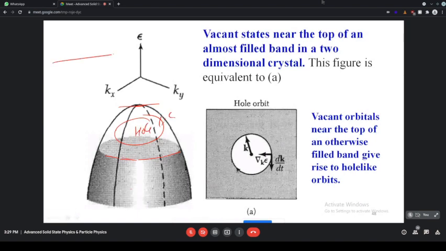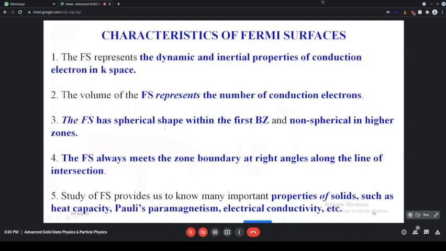If you consider like this, suppose this is the valence band and this is the conduction band, and if up to this is empty, it means this is hole-like behavior. It means there are empty states near the top of the valence band. That represents hole-like behavior if some empty energy levels are available in the valence band.